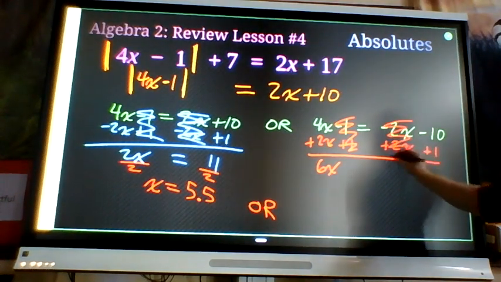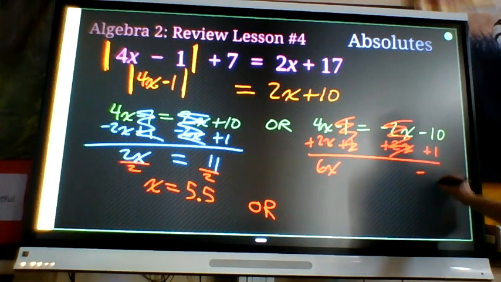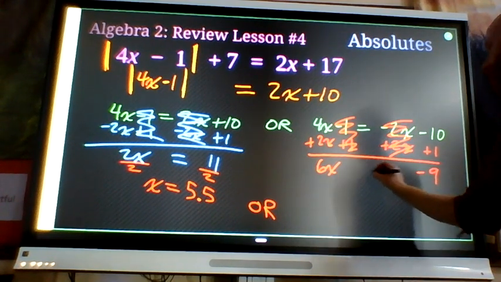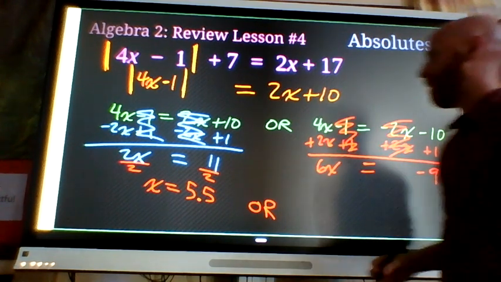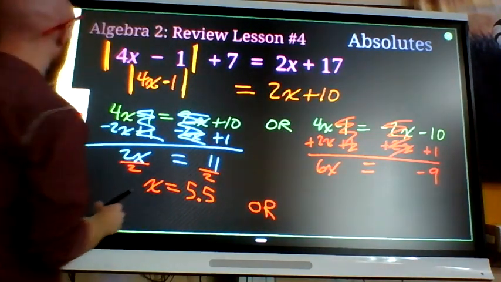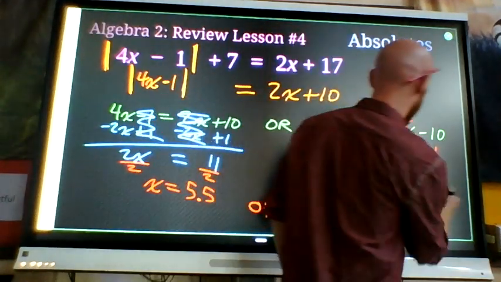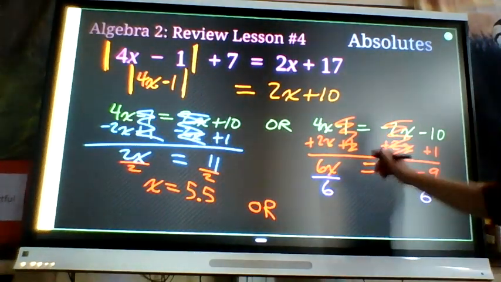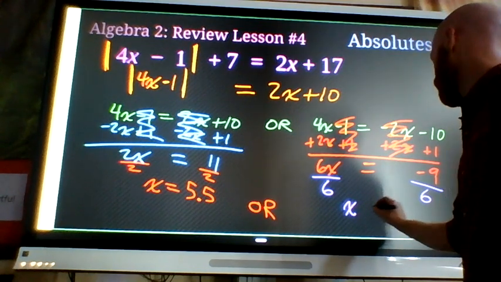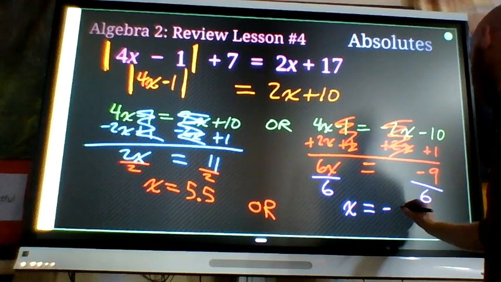These cancel. Negative 9. Divide both sides by 6. And we got x equals negative 1.5.